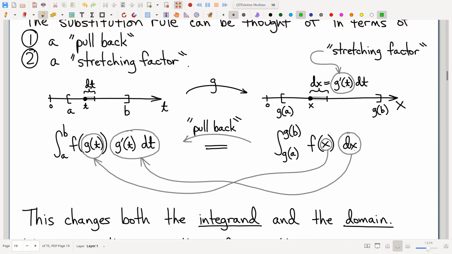The point is that if this stretching factor here is negative, what that means is that forward there turns into backwards here. That backwards there will make this number actually less than, not greater than, this number, and that introduces a minus sign. So roughly speaking, the minus sign here corresponds to a minus sign over here.